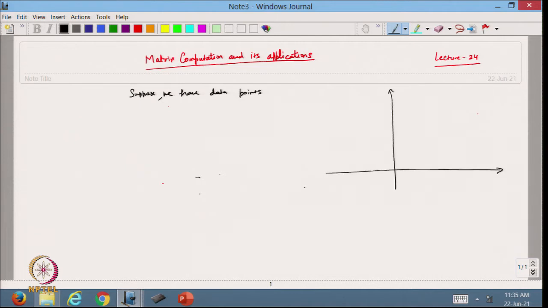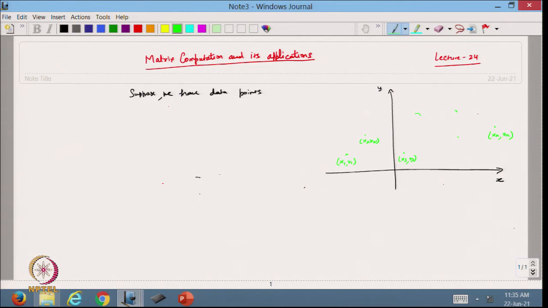Let me just take x and y axis, and suppose I have some data points given to me. These data points can be anywhere, and this data I can write as x1 y1, x2 y2, x3 y3, these are the coordinates, and this is xn yn.